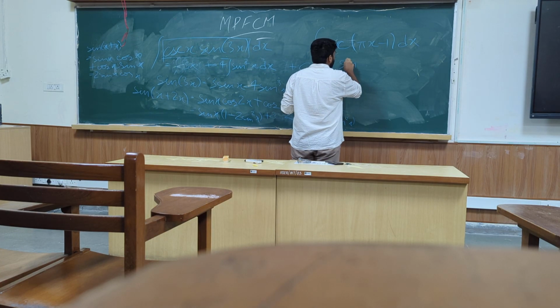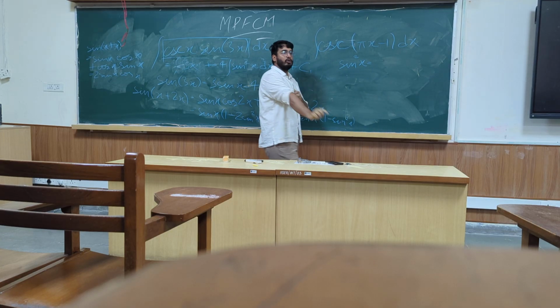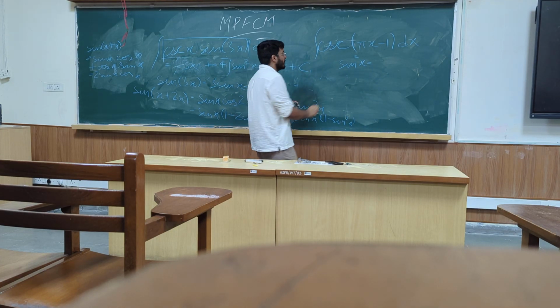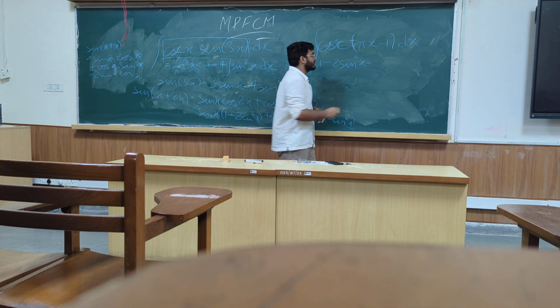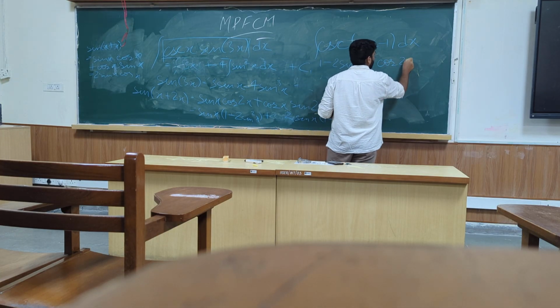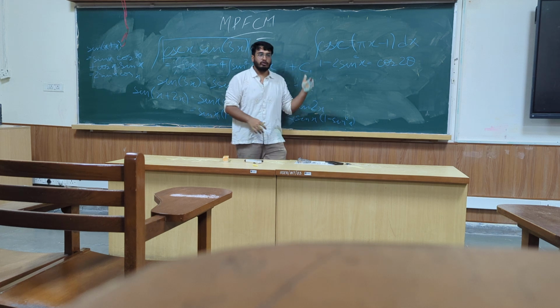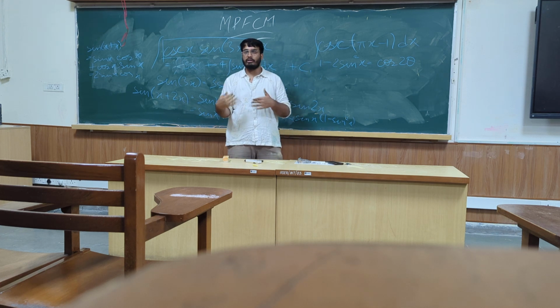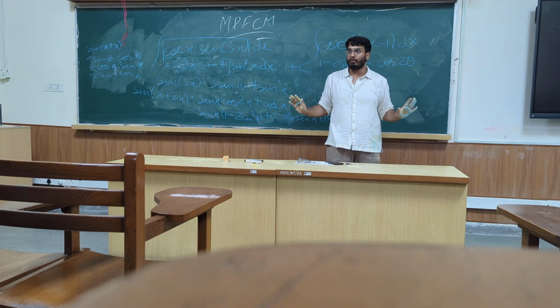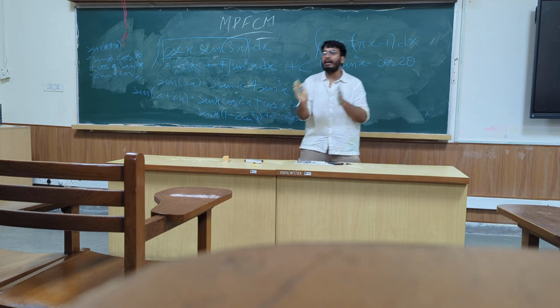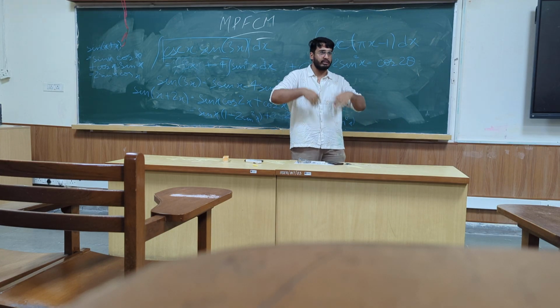But right now I told you something, which was 1 minus 2 sin squared x is the same as cos 2 theta. So cos(a plus b) is cos a cos b minus sin a sin b. Do we all agree? I keep a and b both to be equal to theta.